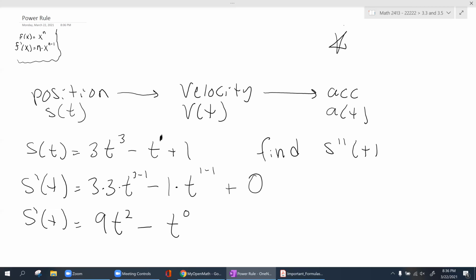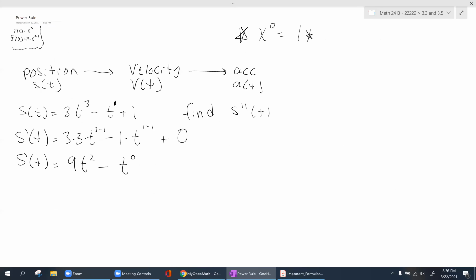If you remember from the previous section, anything raised to the 0 power is 1. You can try that in your calculator. Do 100 raised to the 0, do 6 raised to the 0. It's going to give you 1. So s prime of t is 9t squared minus 1.